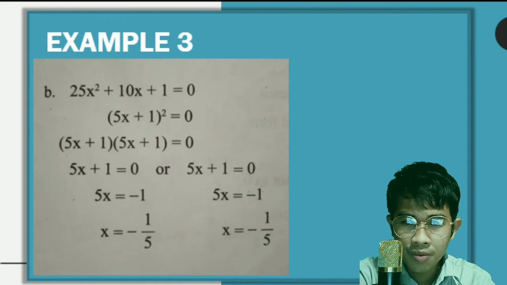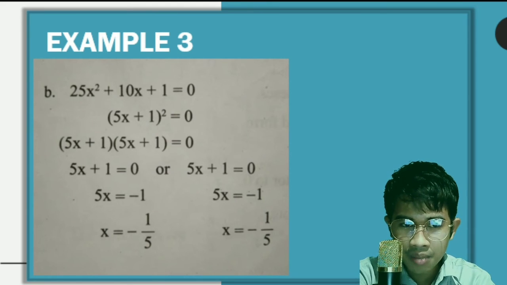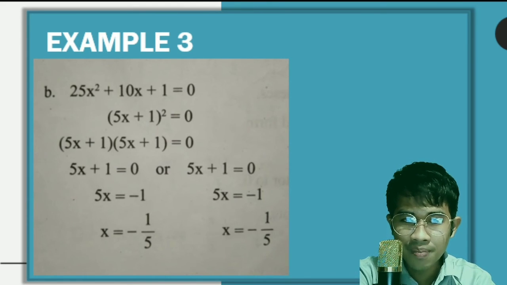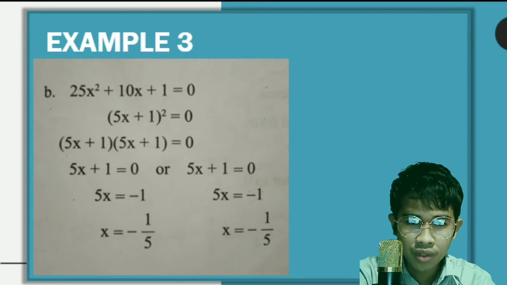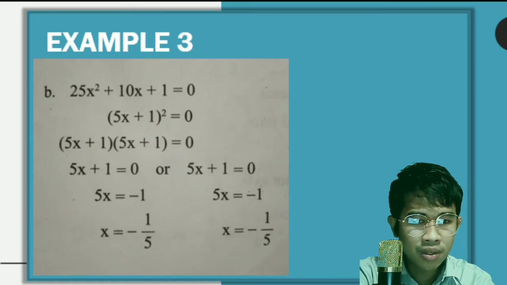Anong factors ng 1? 1 times 1. So kay positive siya, so 5x plus 1, then 5x plus 1. So 5x plus 1 equal to 0 or 5x plus 1 equal to 0 also. So pareho ang aton answer.